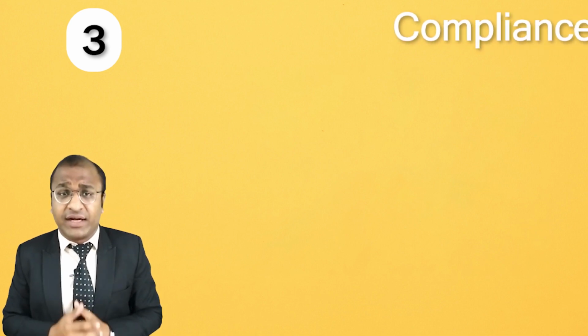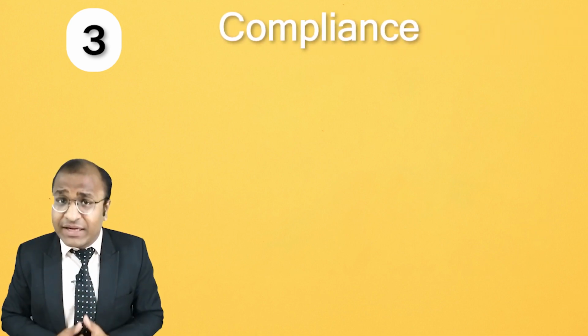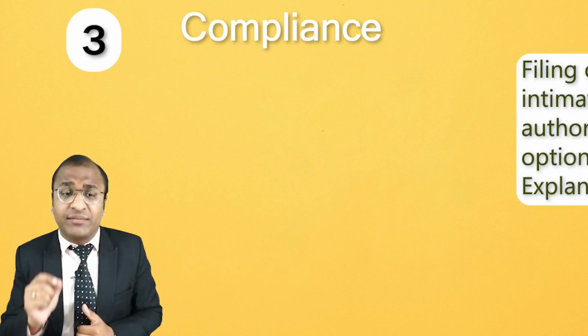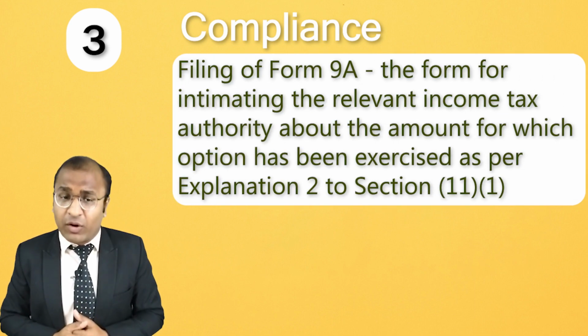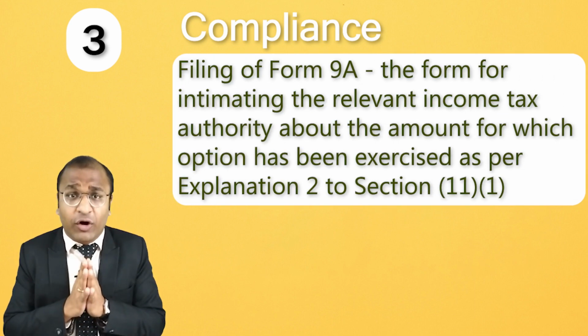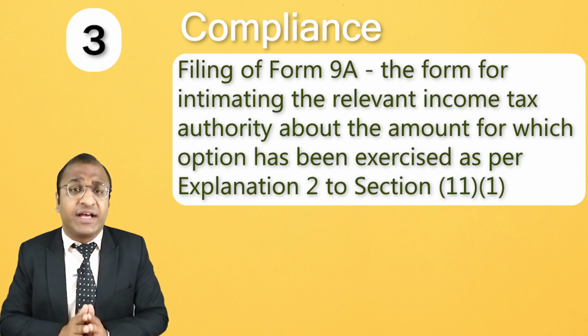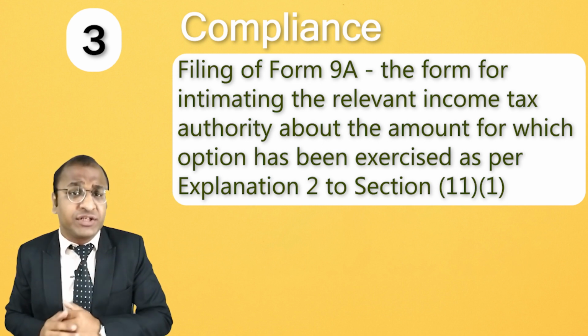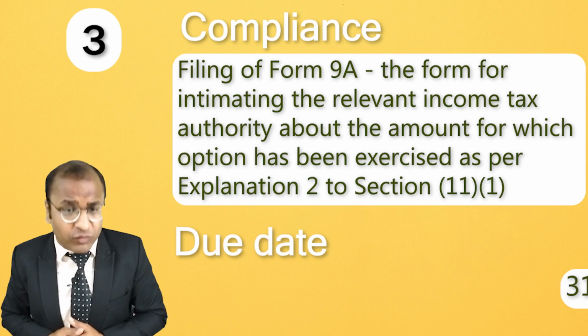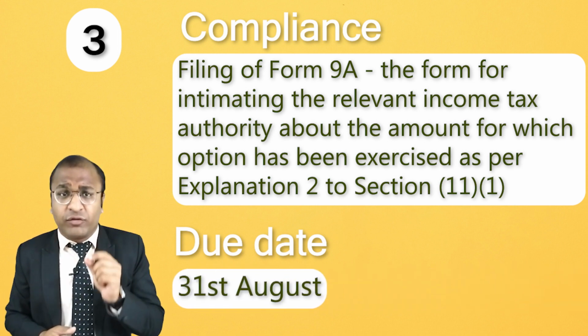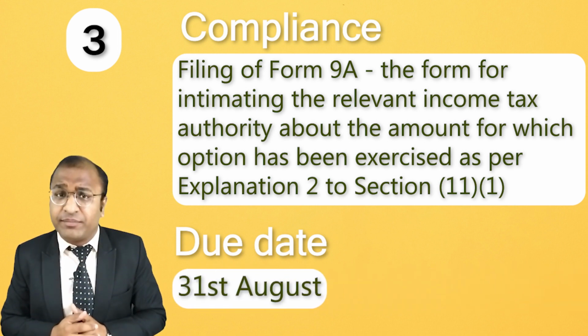Then comes filing of Form 9A, that is the form for intimating the relevant income tax authority about the amount for which the option has been exercised as per clause 2 of explanation to section 11 subsection 1. The due date for filing Form 9A has been preponed.